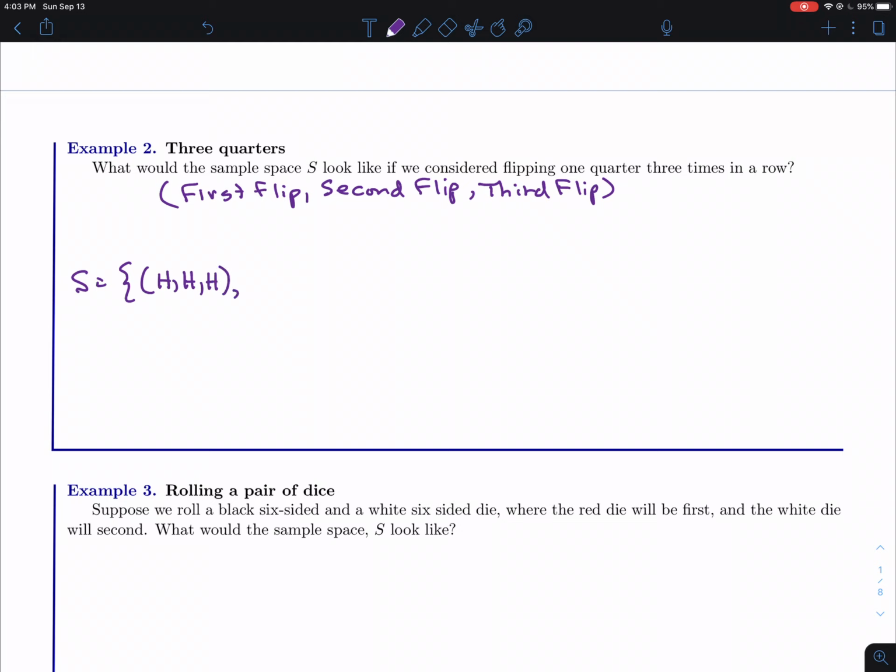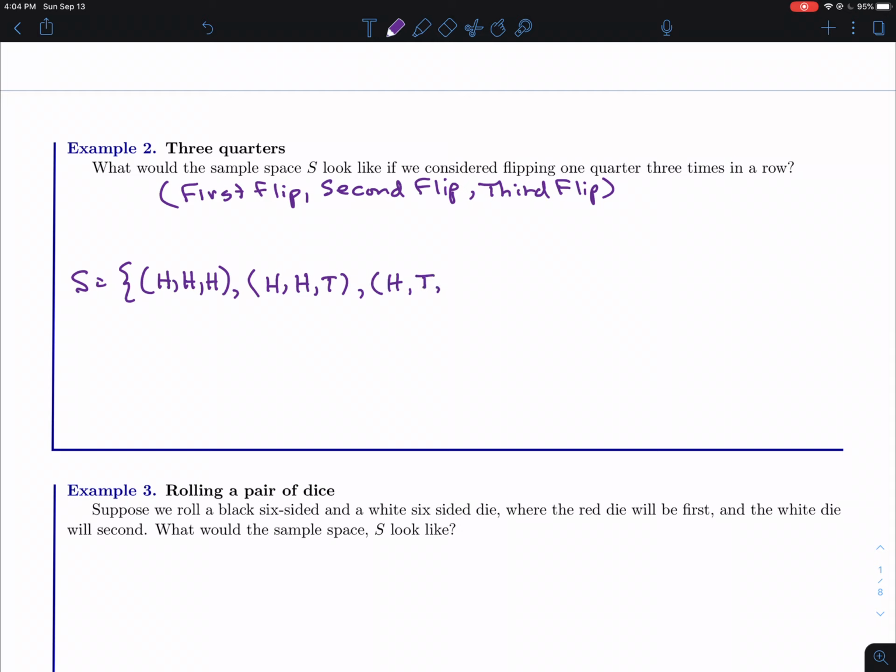And so what I'm going to do is fix the first and second positions and then switch the third position. So that's taking care of the two heads first because I've gone through all the different possibilities. So now let me just leave this first one as a heads and then put a tail there.